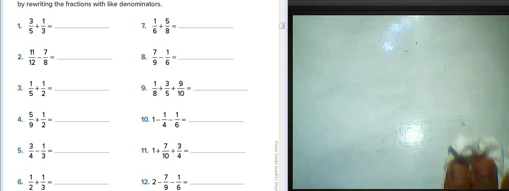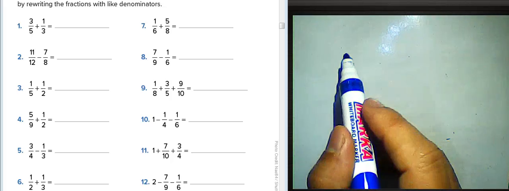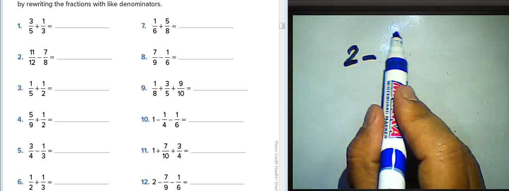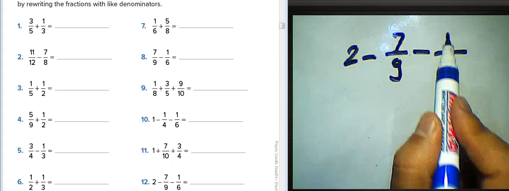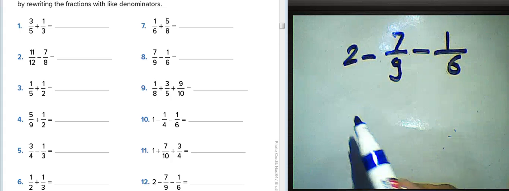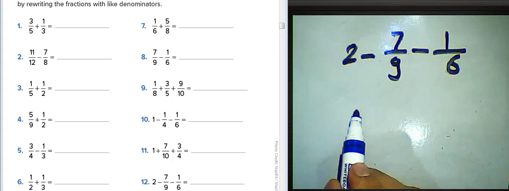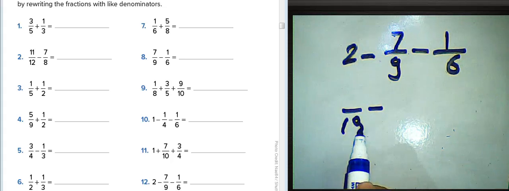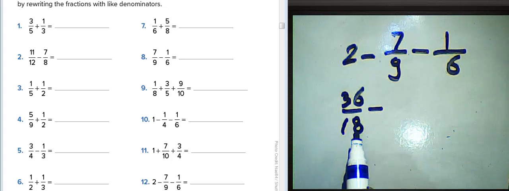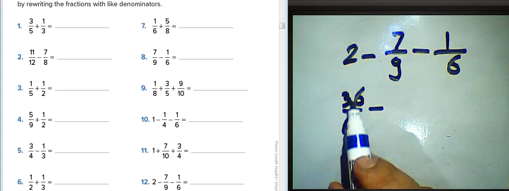2 subtract 7 over 9 subtract 1 over 6. We know the least common multiple between 6 and 9 equals 18. So we must convert 2 to be 36 over 18, because 36 over 18 equals 2.